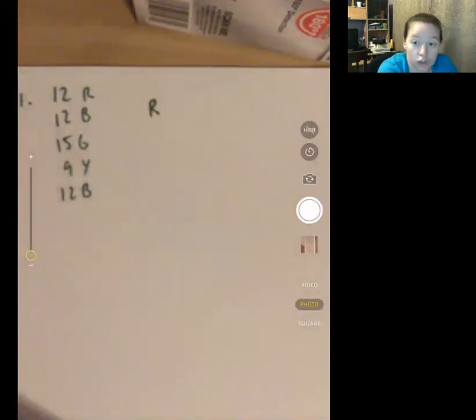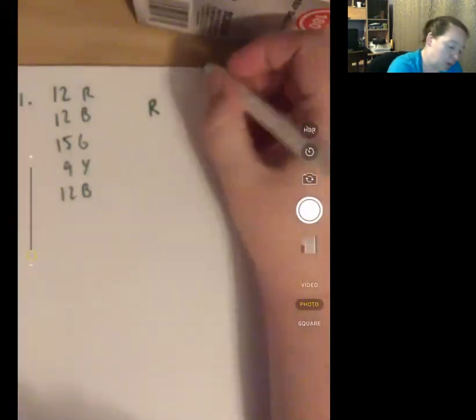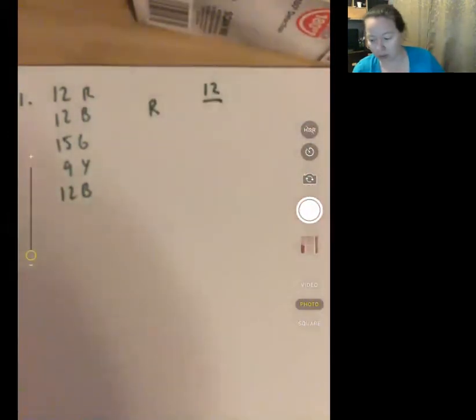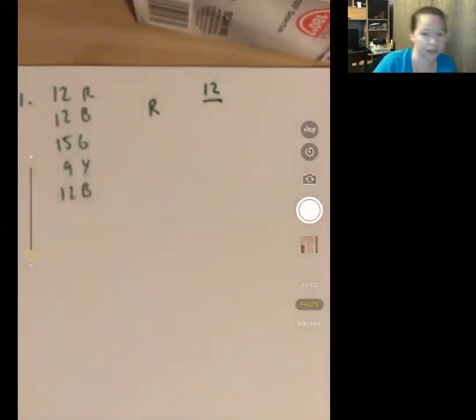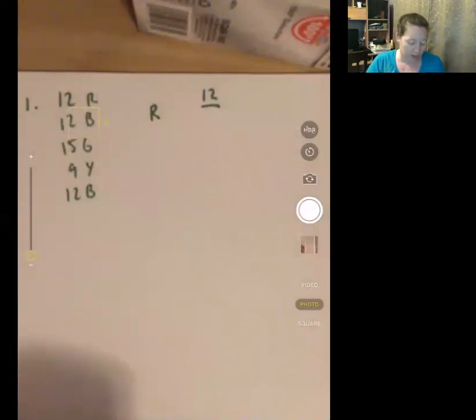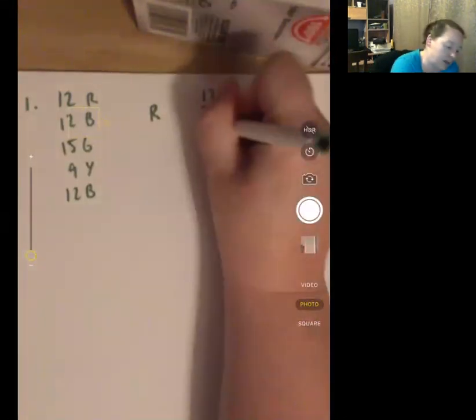Well, first of all, there were 12 reds out of a total of, just a sec, I don't seem to have my calculator. So I have the 12 reds, so what I need to do now is figure out how many balls were in there to begin with. So I do the 12 plus 12 plus 15 plus 9 plus 12 gives me 60. So 12 out of 60.